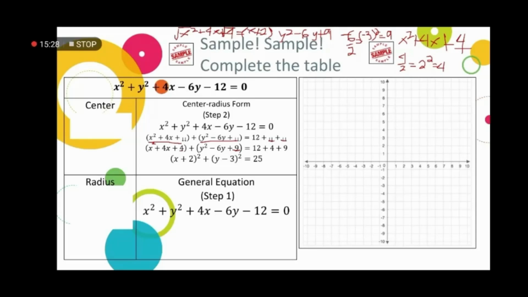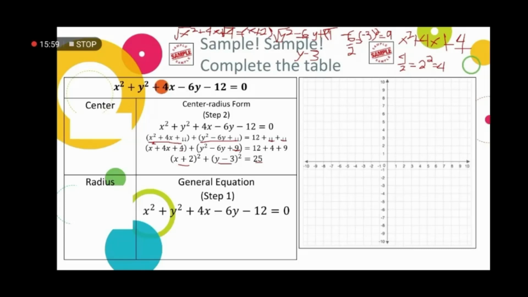So the other technique will be to get the square root of the first term, y, and we will get the sign of the second term, and we will get the square root of the last term. So square root of 9 is 3. That is why we come up with y minus 3. So 12 plus 4 plus 9 equals 25. So that's pretty much it.